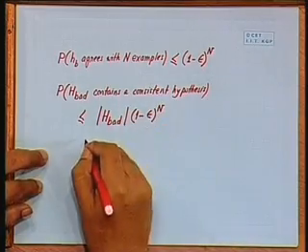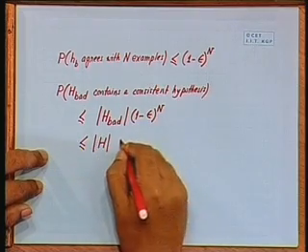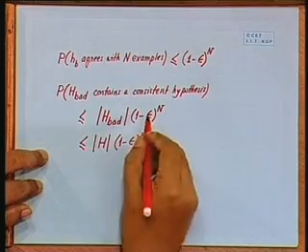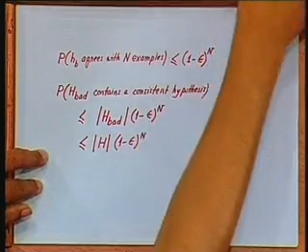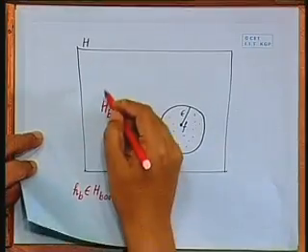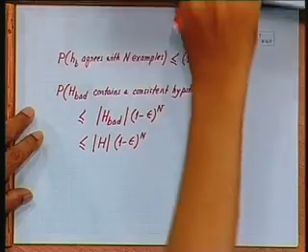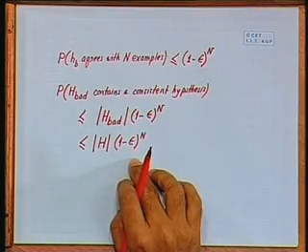Now, this we can write is less than or equal to cardinality of H times 1 minus epsilon to the power of n, and this is less than or equal to this, because recall that H bad is actually a subset of H, right. So, we can write this, okay.